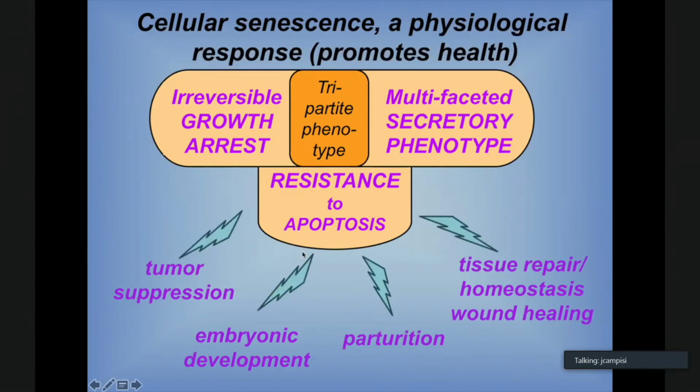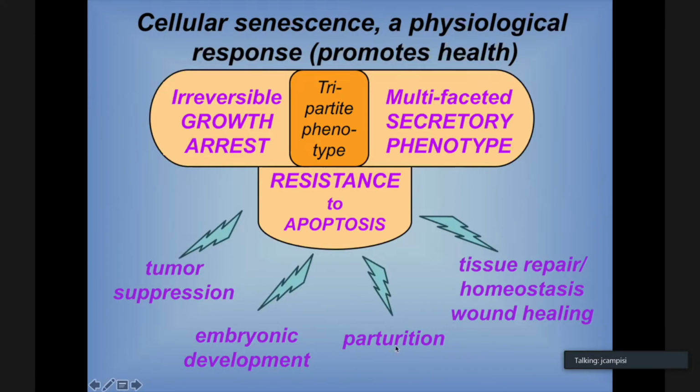However, it's really important to remember that the other half of the senescence response is good for you. And so I'd already told you that the growth arrest will inhibit tumorigenesis. Many of these secretory products will also fine-tune development during embryonic development. Many of these secretory phenotypes also fine-tune parturition.